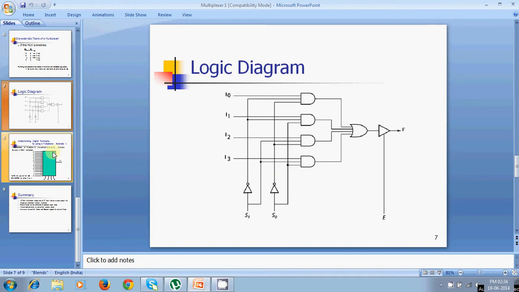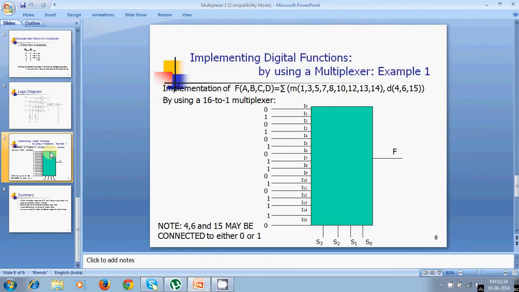Now we will discuss the application of multiplexer. We can implement any function using the multiplexer. Suppose we have taken an example in which a function f is given, which we have to implement using a 16:1 multiplexer.